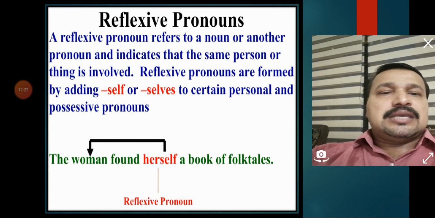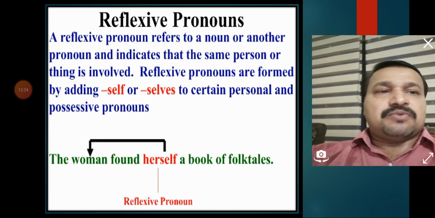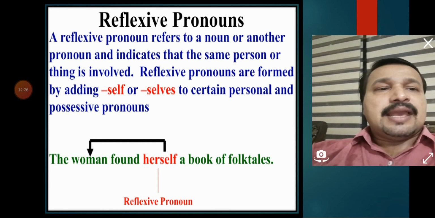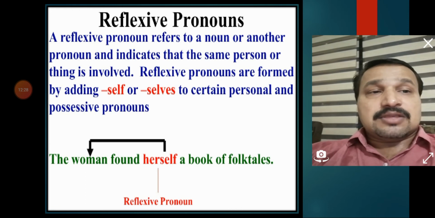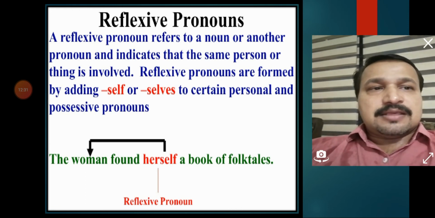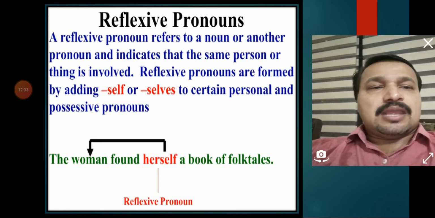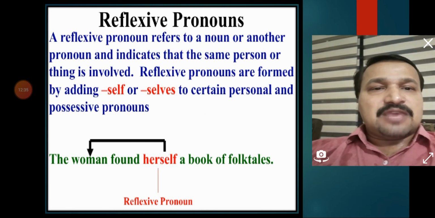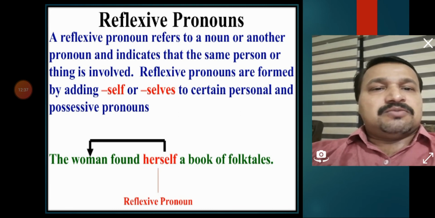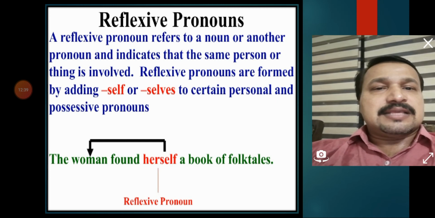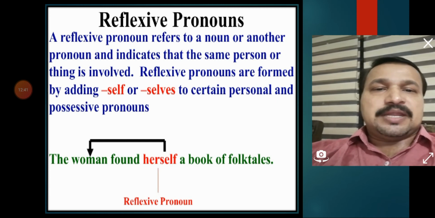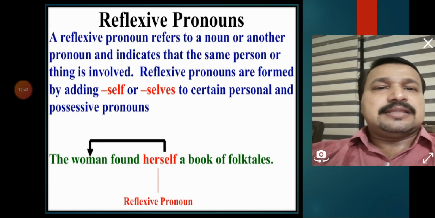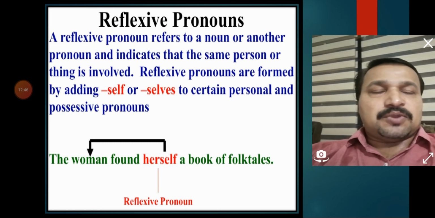There, it comes in the place of the object and reflects, just like a mirror reflects an image in the same way. There, the word herself reflects the word woman. So that's why they are termed reflexive pronouns.